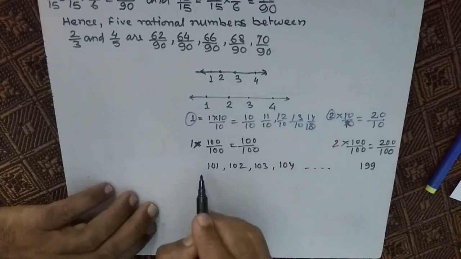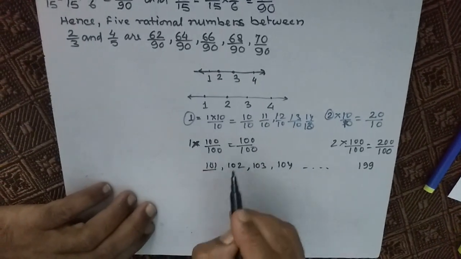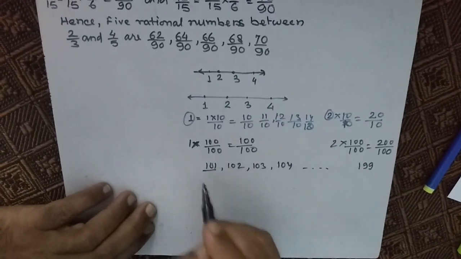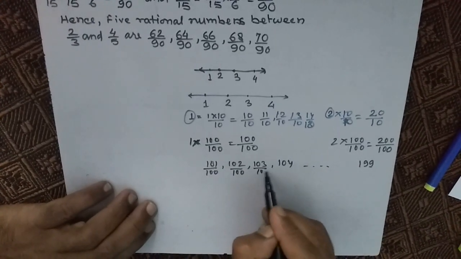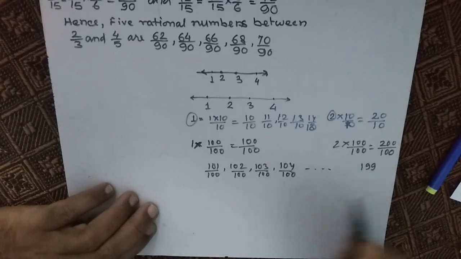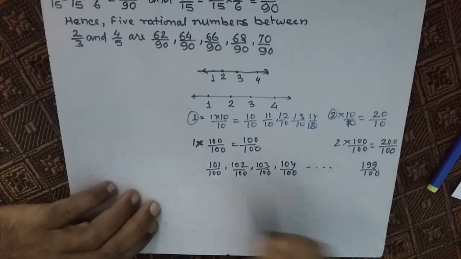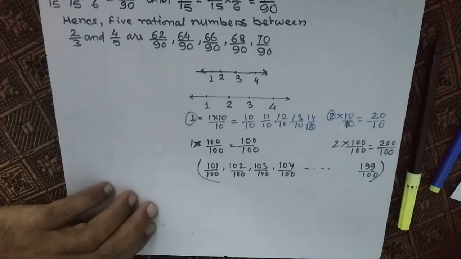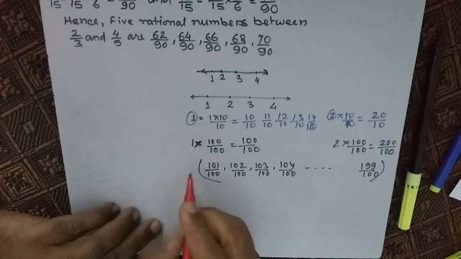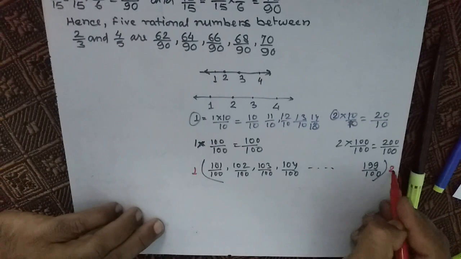That means in every case, this many numbers are there in between 1 and 2.